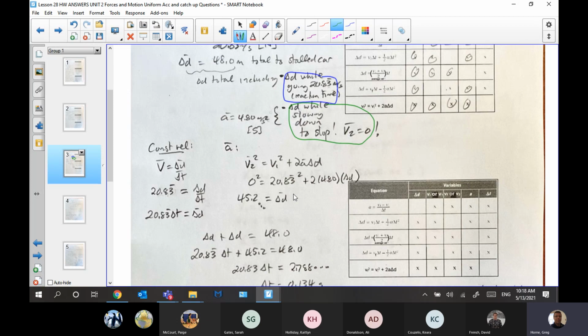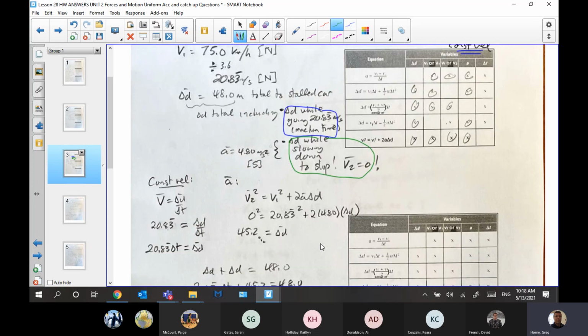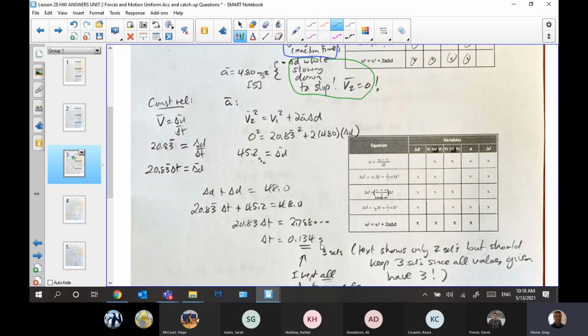So basically we need this distance you travel while slowing down, plus this unknown, but it's known based on variables, distance you travel while reacting. Those need to add up to the total of 48 in order to just stop on time with your bumper kissing the bumper of the stalled car, but not damaging. Yeah, so solve for delta t.